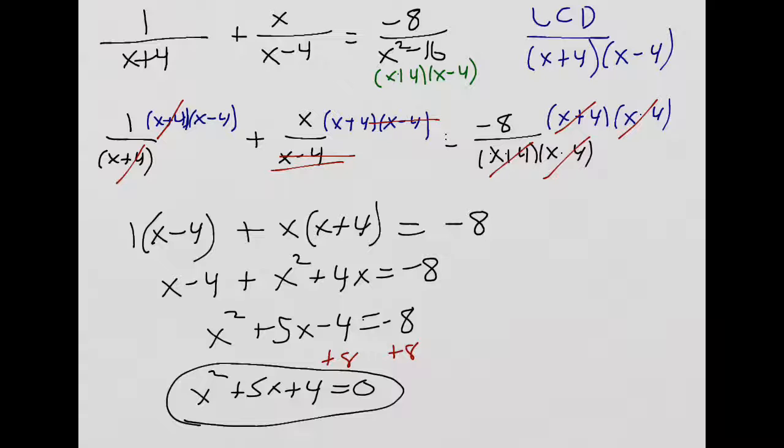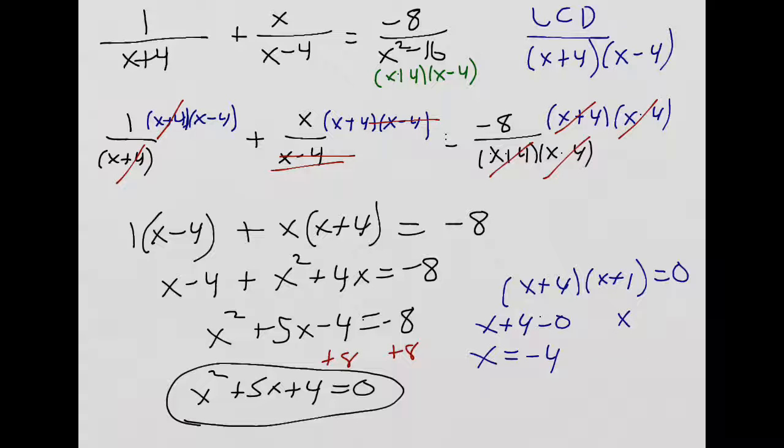When we factor that, we get x plus 4 times x plus 1 is equal to 0. Now we just set each factor equal to 0 and solve, so we get two values for x. The first one is x equals negative 4, and the second one is x equals negative 1.